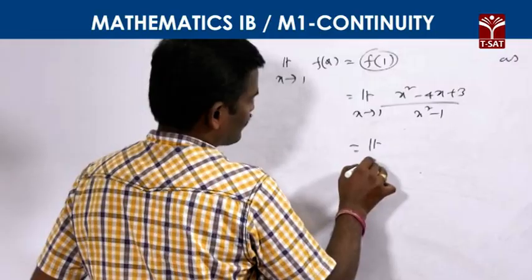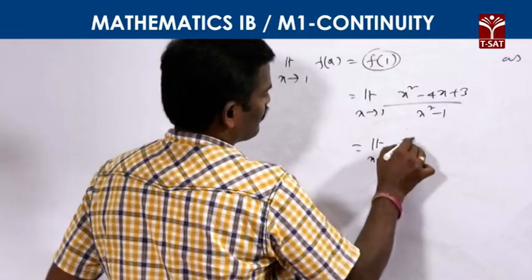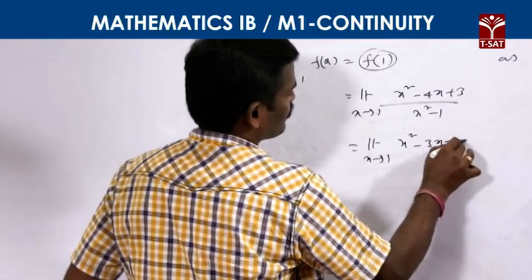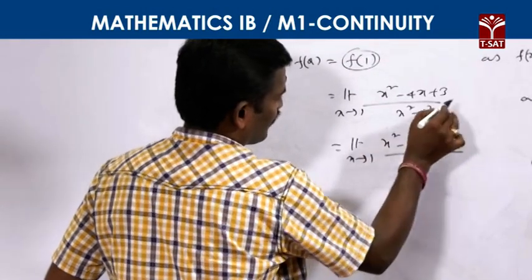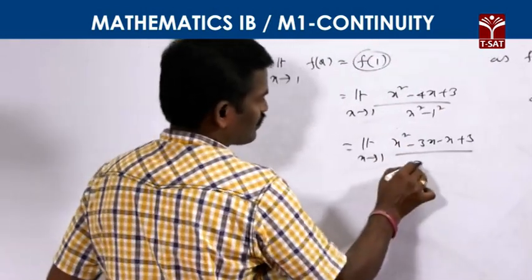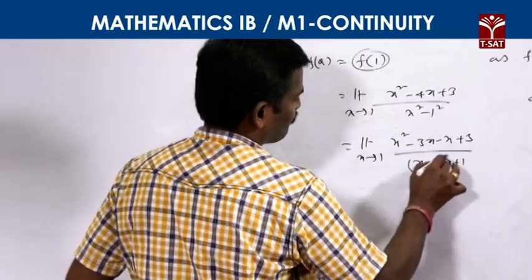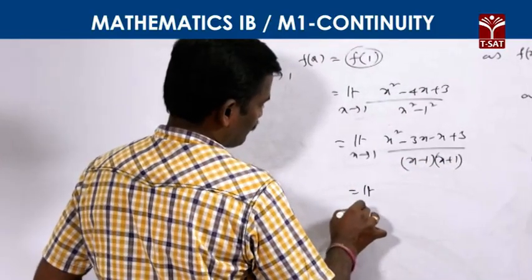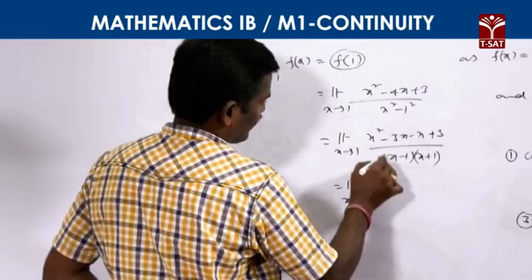Factorize the numerator: x square minus 3x minus x plus 3, and the denominator uses the a square minus b square formula, a minus b into a plus b. So taking x common in the first two terms.